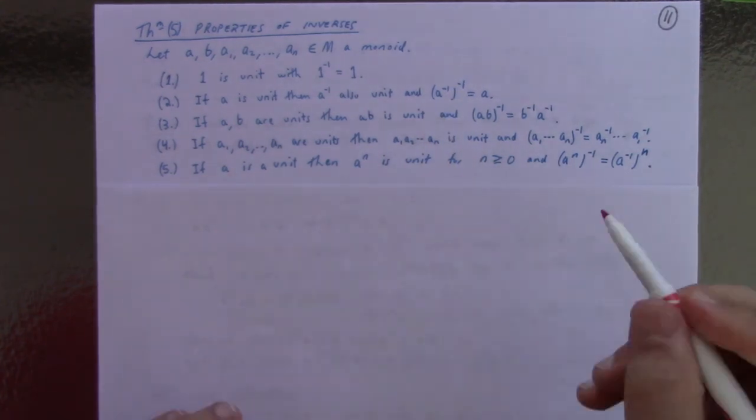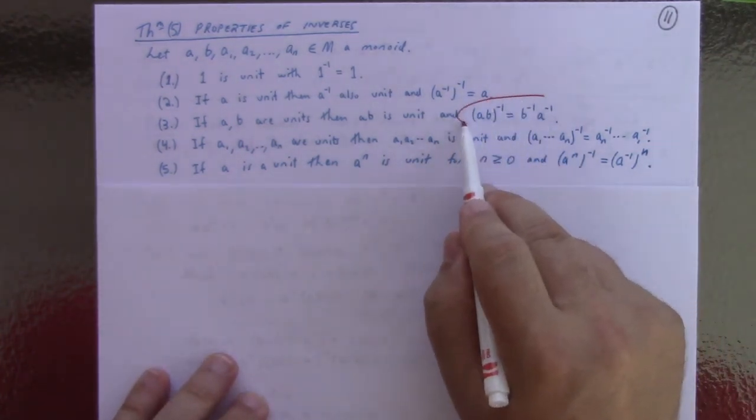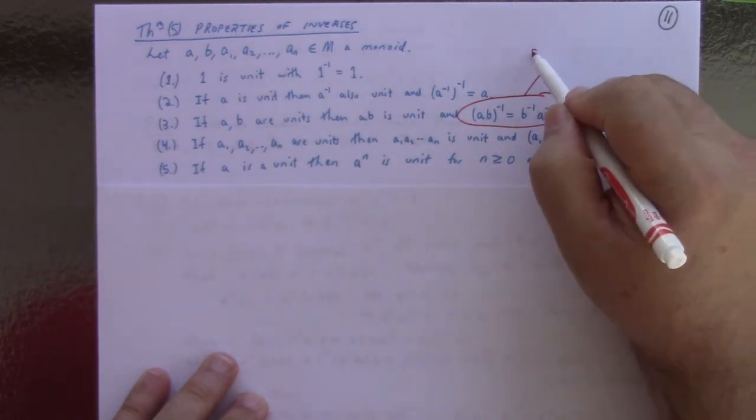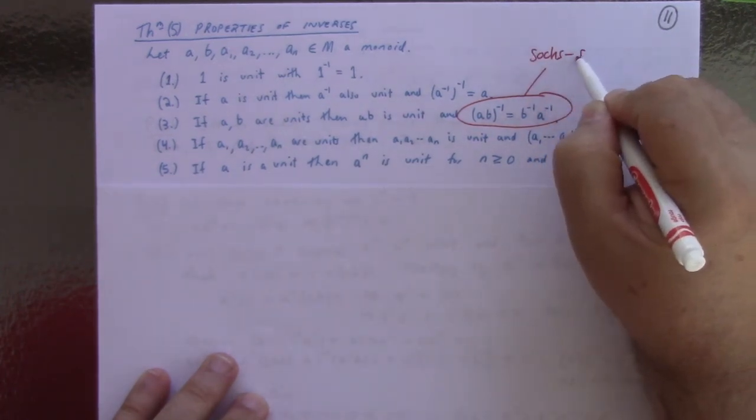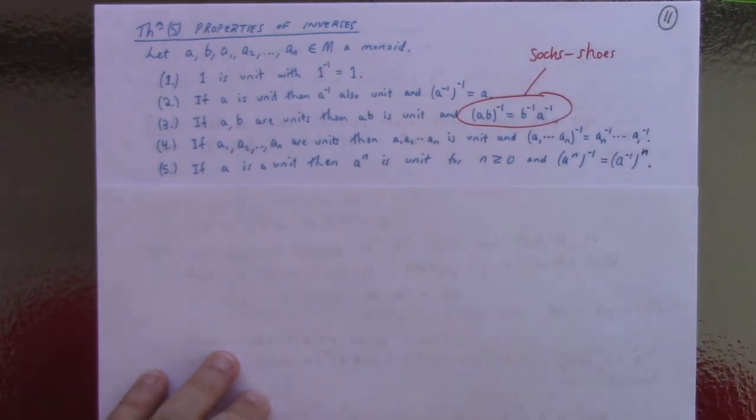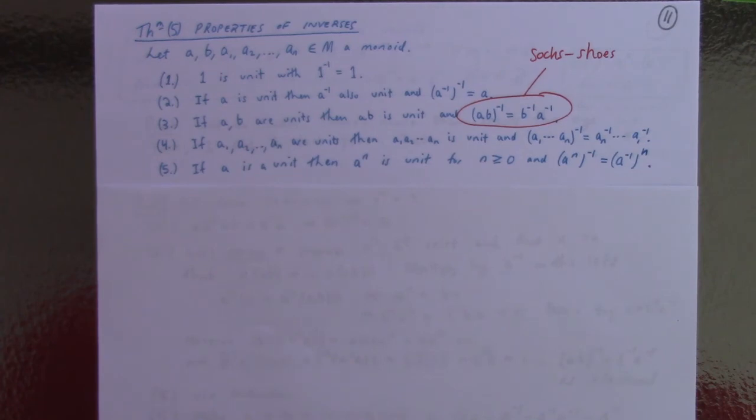I think you already know this because you've had linear algebra, but this is the so-called socks-shoes identity. If you put on your socks and then you put on your shoes, then to undo it, you have to first take off your shoes and then take off your socks.